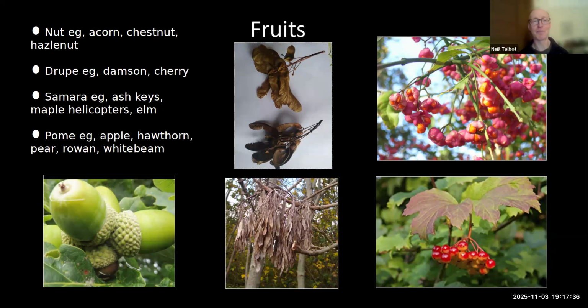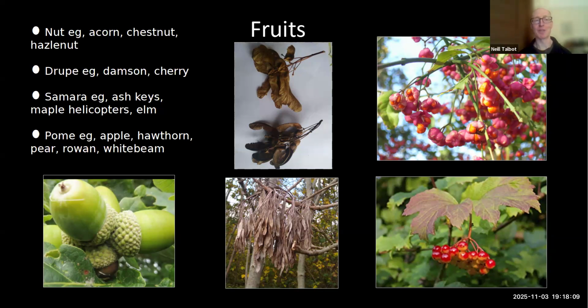Then you've got the other type of edible fruit, a pome, and those are ones that have five or more seeds with a fleshy outer layer. So apple is an example. Sorry, I said hawthorn earlier for drupe. I meant the hawthorns within the pomes actually.